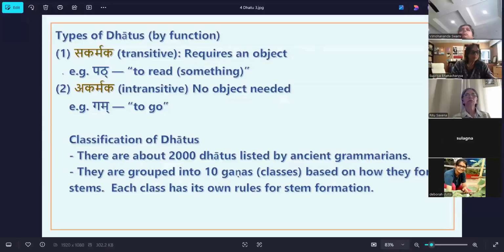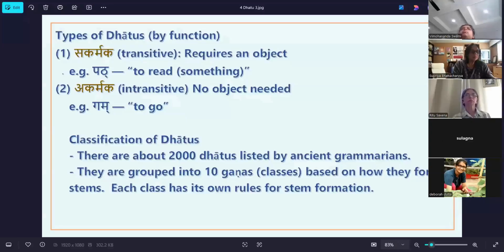An object is involved when you use that dhatu. Example: pat. If you say patati, he is reading something, no? He cannot read a vacuum. So some object is there. That is called a sakarmaka or transitive word.